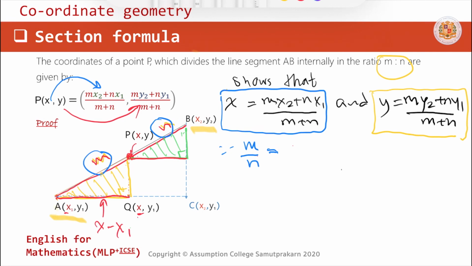Okay, x minus x1 there, and this one should be x2 minus x. If you don't understand, you can try to draw the x and y axis. If you think about the axis, it might look like that, x axis, and then the y axis could be there.